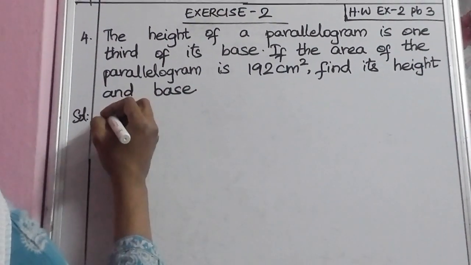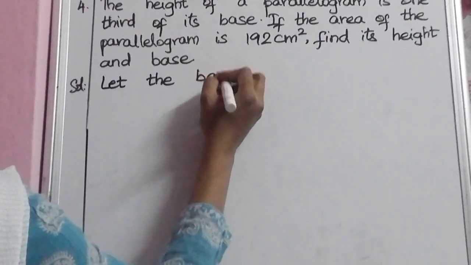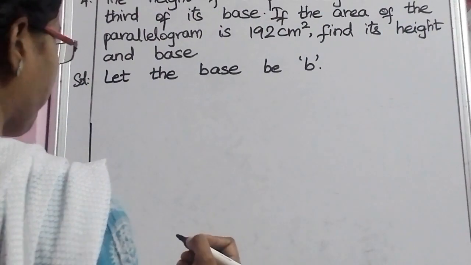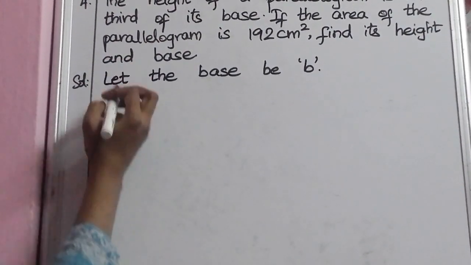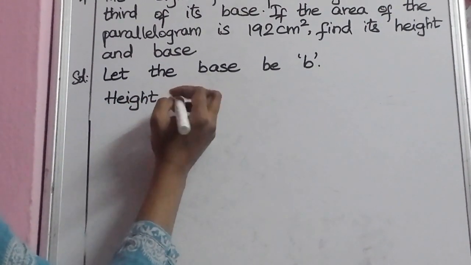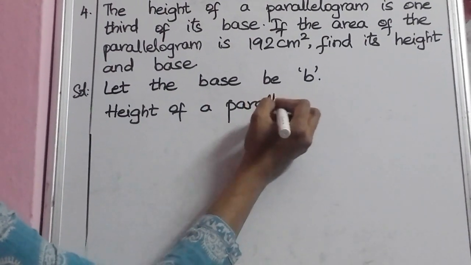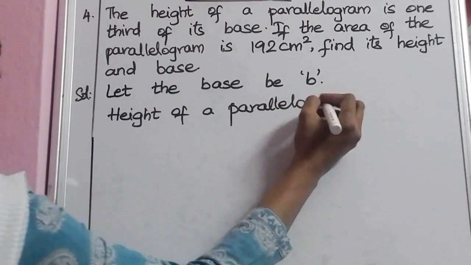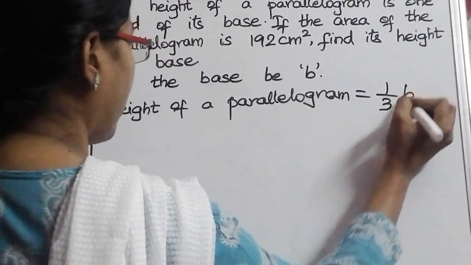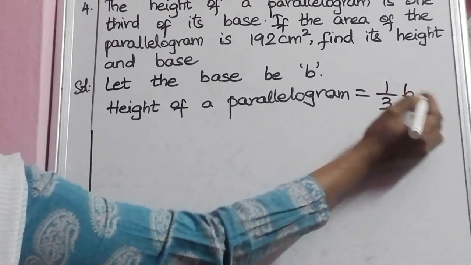So here let us consider, let the base be any variable. Let the base be B. So height of a parallelogram is equal to 1/3 of its base.